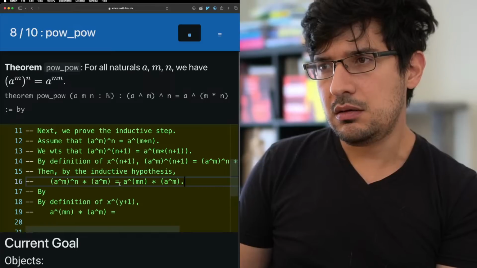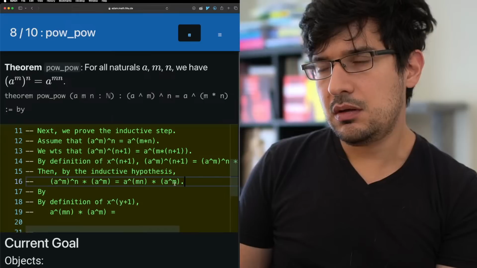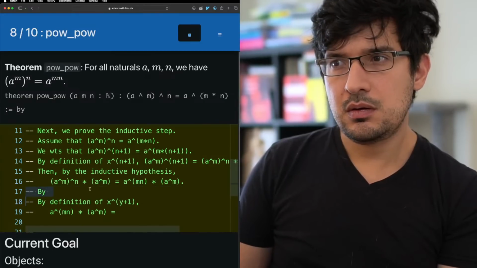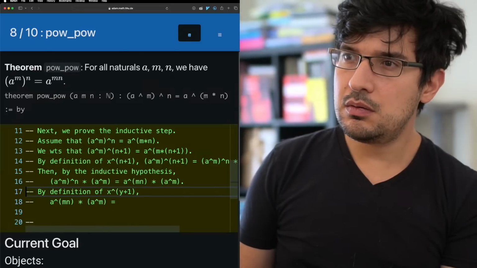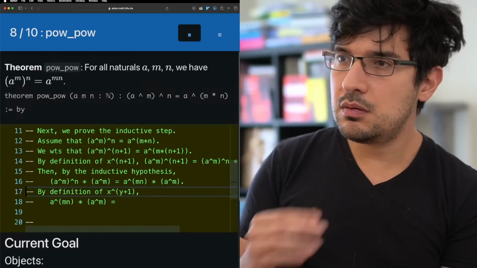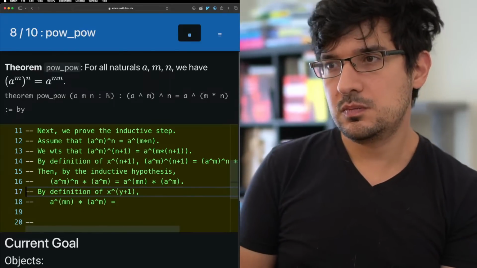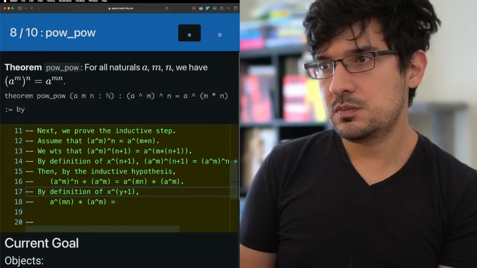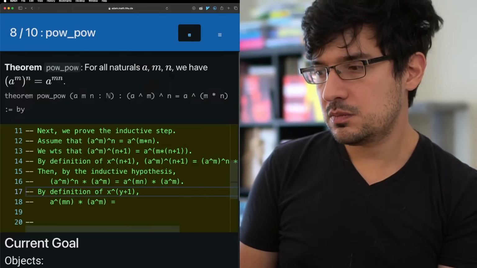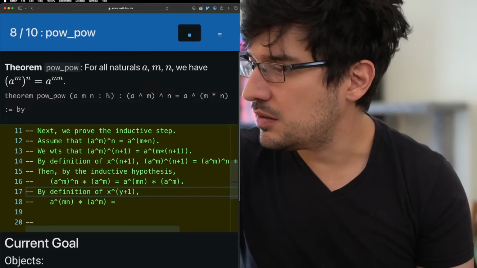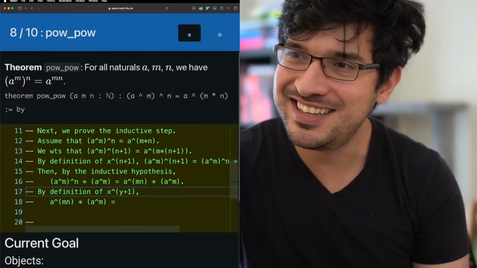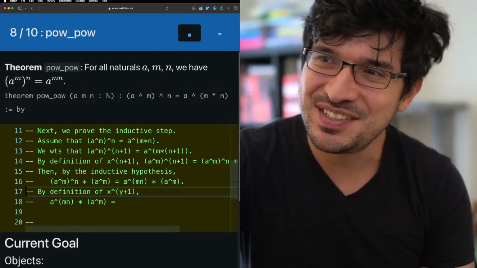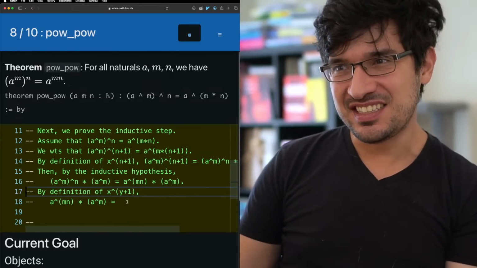And then a times m. I kind of need to just draw this, I feel. I'm so rusty, y'all. I'm so rusty here. What is going on here?